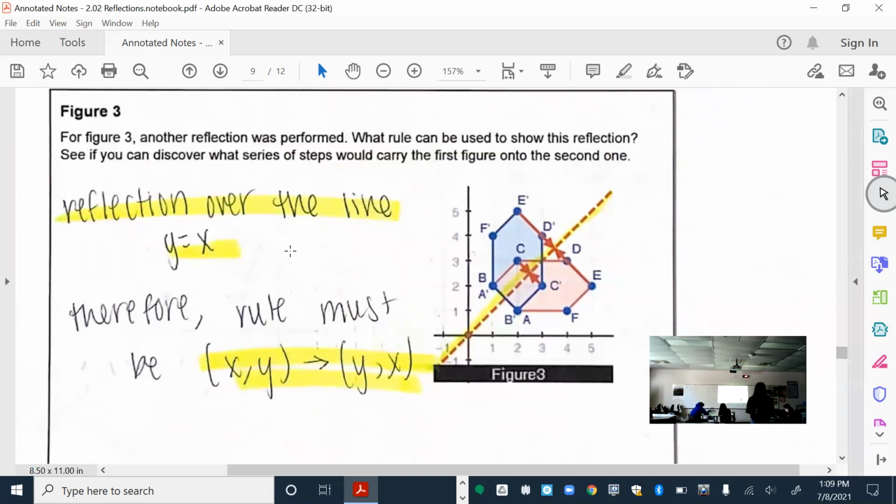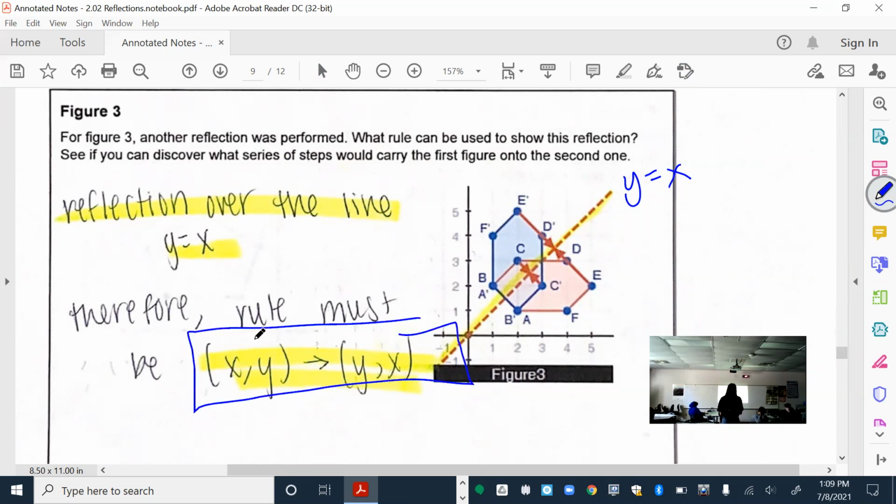Figure 3, reflected over the line y equal to x. If that wasn't there to show you, I know I wrote it in, you should be able to recognize it visually. Start recognizing where y equal to x would be on the graph, just like how you know where the x-axis and y-axis are. So the rule we've already discussed, kind of reiterating that rule, xy becomes yx. And that's showing you how it changed.